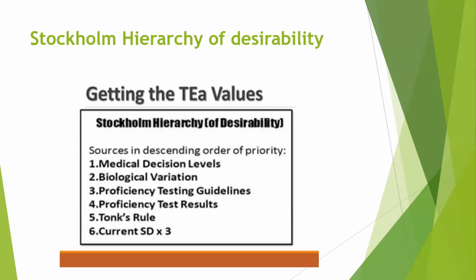Tonks rule states that the total error can be up to 25% of your biological reference interval, BRI, and the next one is your current standard deviation multiplied by 3. So these are the different orders of the Stockholm hierarchy of desirability, which you need to keep in mind when you set up your total error limits in your laboratory.